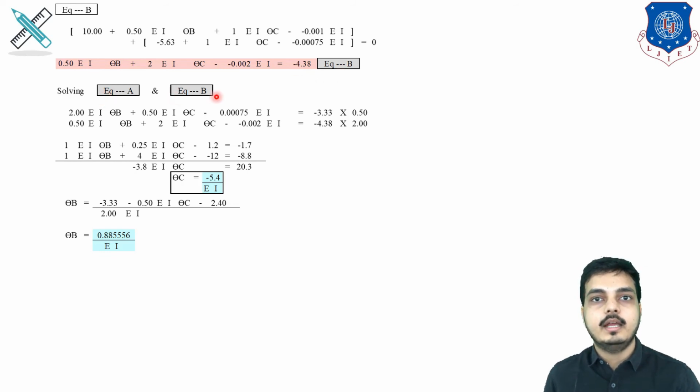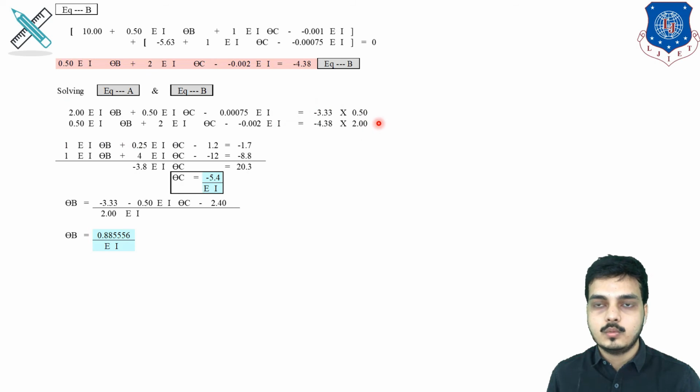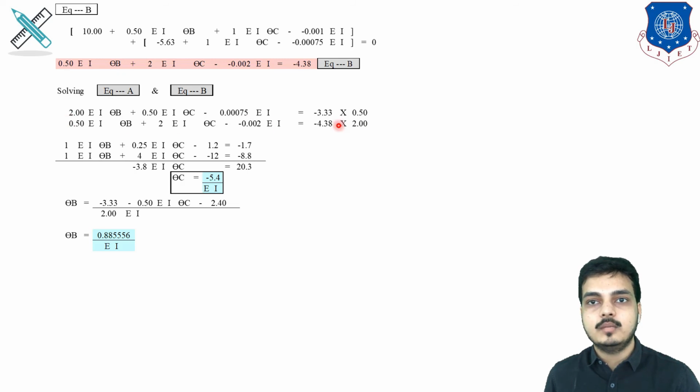So if we solve equation A and equation B, we will get both unknown values, which are nothing but theta C and theta B. Look, this is my equation A, this is my equation B. I have multiplied 0.5 with equation A and 2 with equation number B. This is nothing but an elimination method which we have learned in maths. So after multiplying, I will be getting these 2 more equations.